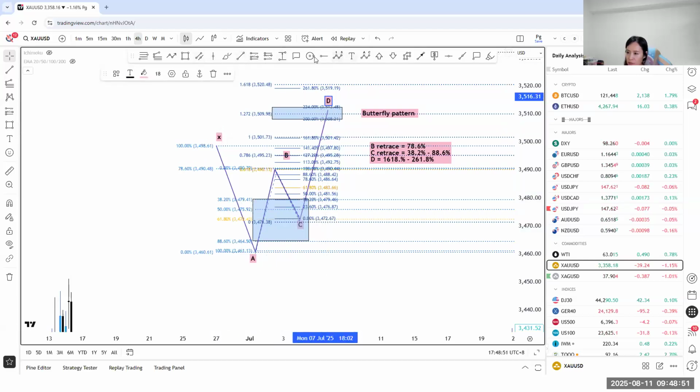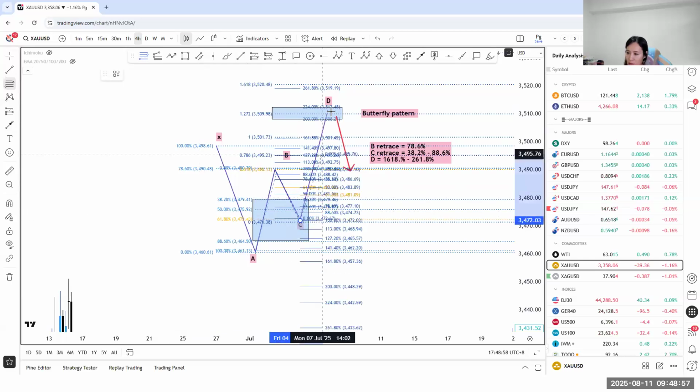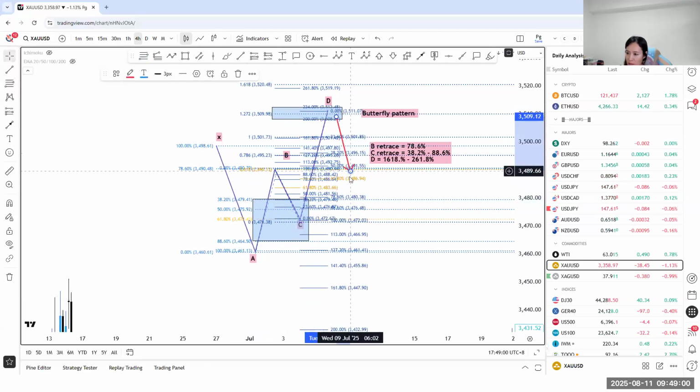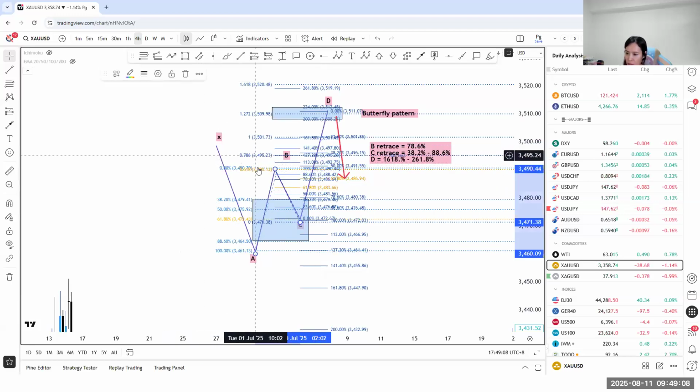Whenever you see the confirmation, we're going to sell at this level, and then you take profit from C to D, TP1 at 61.8%, and TP2 you can use the extension at this level.